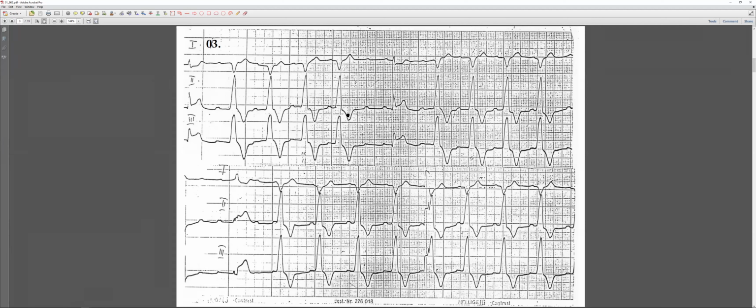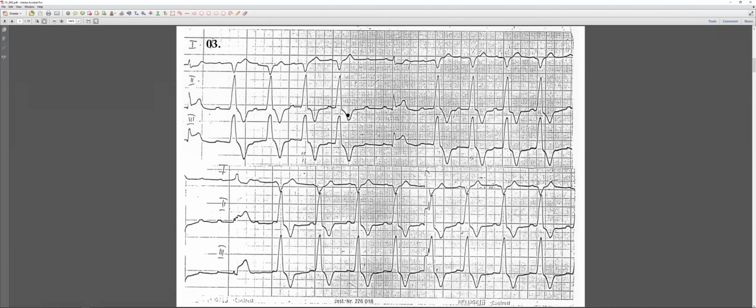An incomplete AV block? What kind of incomplete AV block? I would say Mobitz type 1. No, because we have first degree and second degree. Oh, a high degree AV block. Sorry, I just got confused. Okay, high degree AV block.